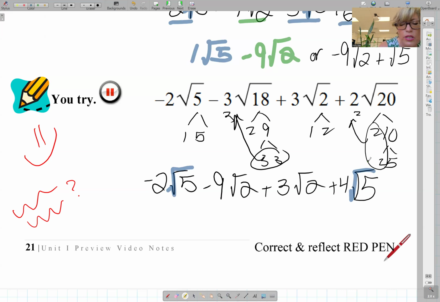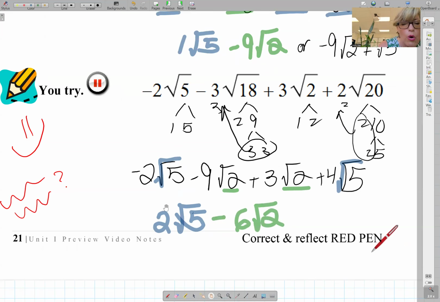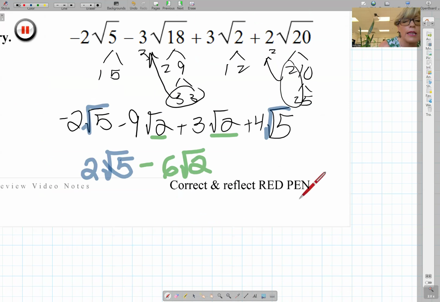That's -2 plus 4, that's +2 root 5. That's -9 plus 3, that's -6 root 2. Or you could have written it like this: -6 root 2 plus 2 root 5. Check your work.